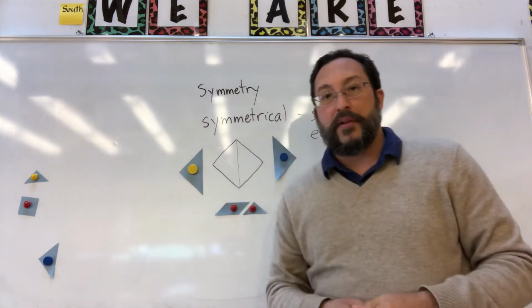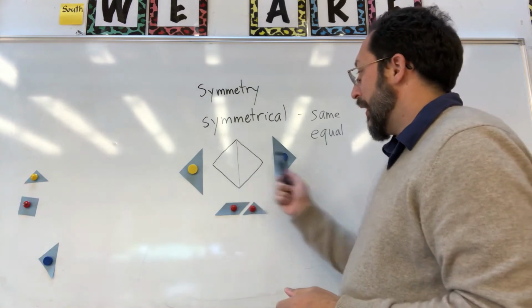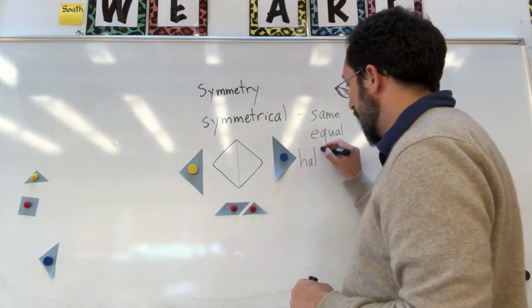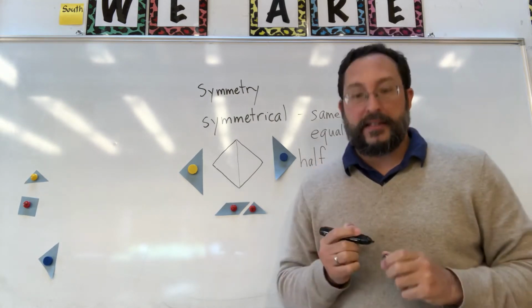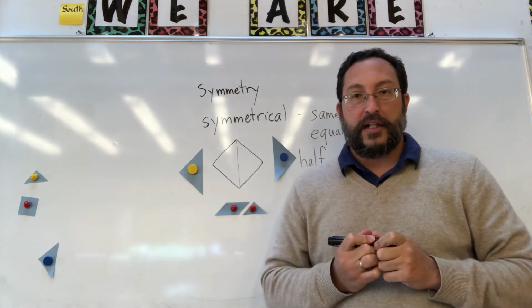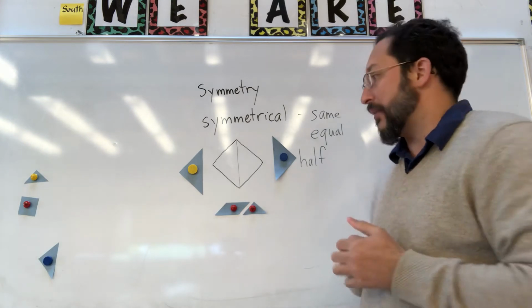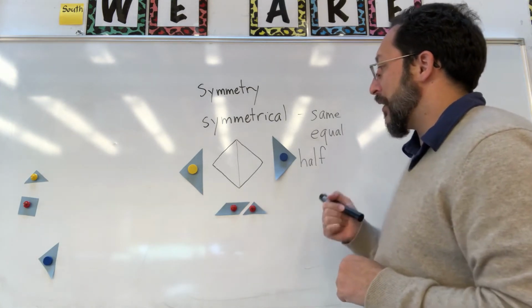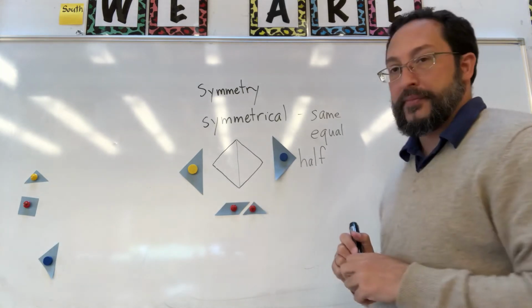And when we do this, this is a whole, and this piece now becomes a half. Okay? So we looked at dividing things into different shapes and into different amounts, different quantities, different fractions, right? So we're talking about a whole and a half.